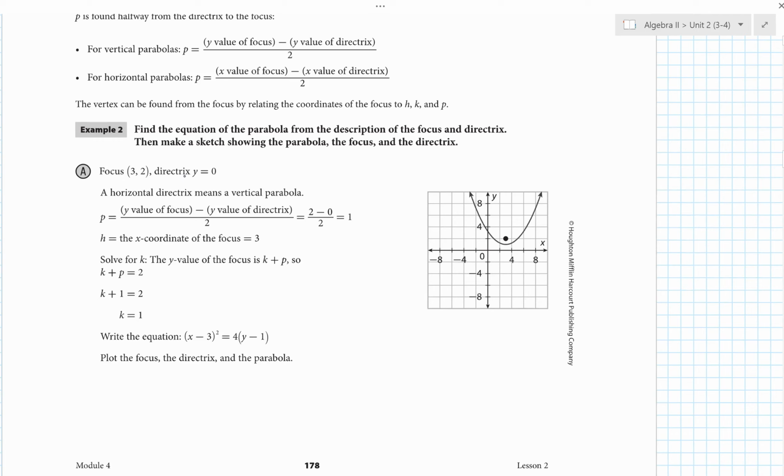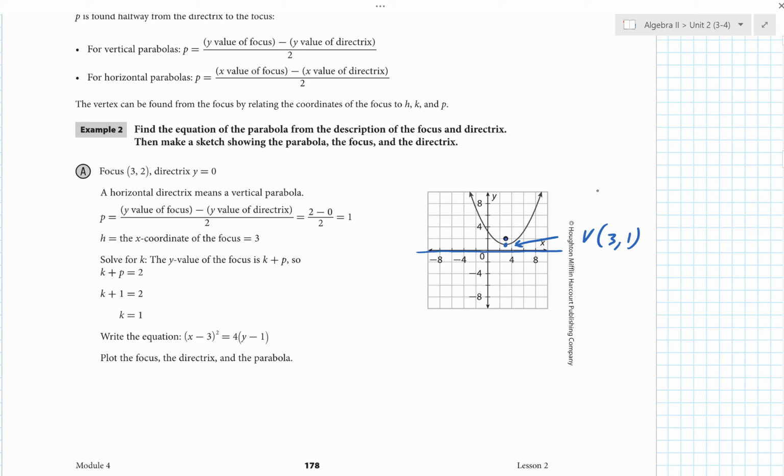And so for this one, the focus is at (3, 2), so they plotted that point. And then the directrix would be y equals 0, which would be that horizontal line. The vertex is halfway between the two, so the vertex right there would be at (3, 1).